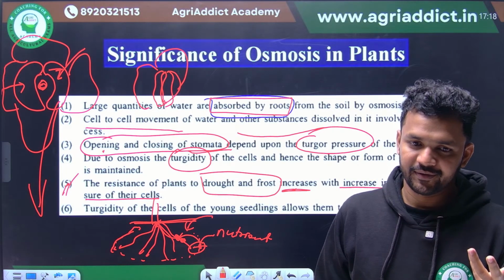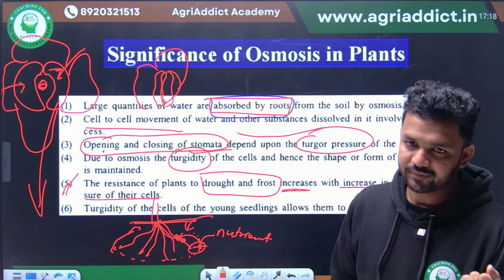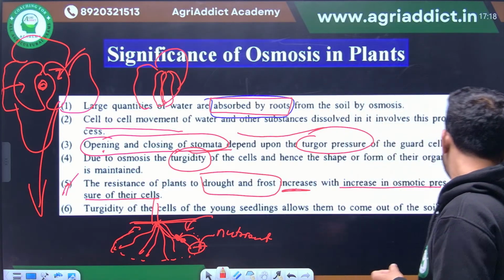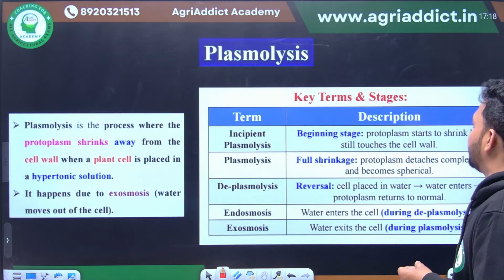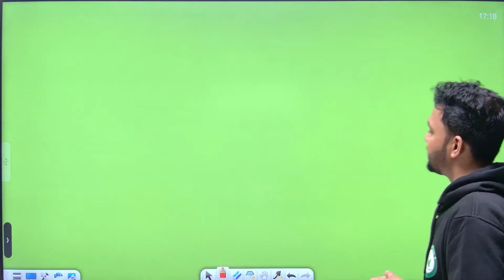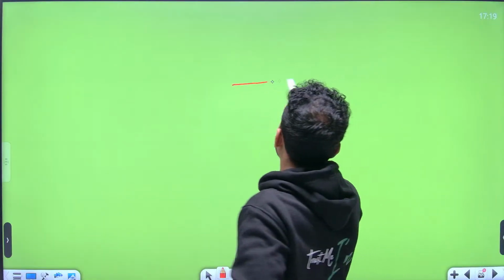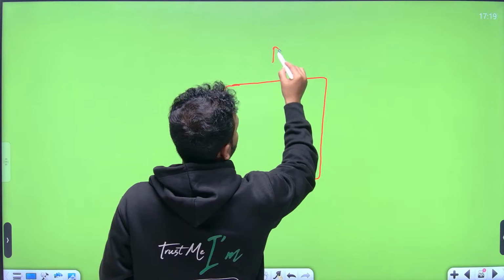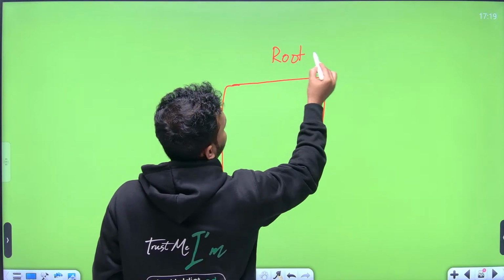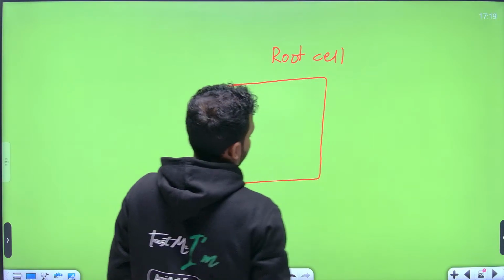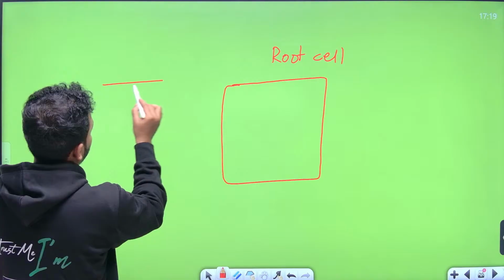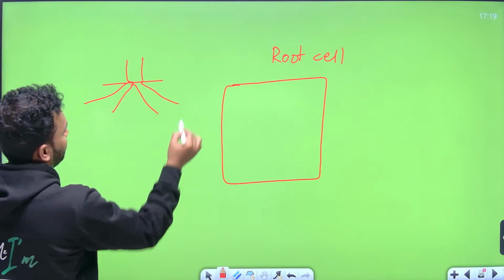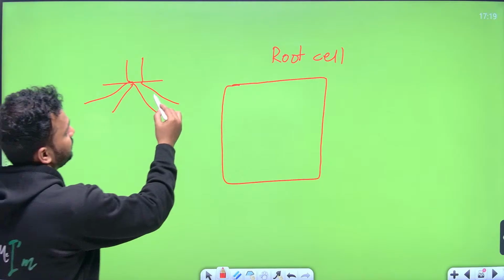Why? See here. Suppose this is a cell. Okay. Suppose this is a root cell.